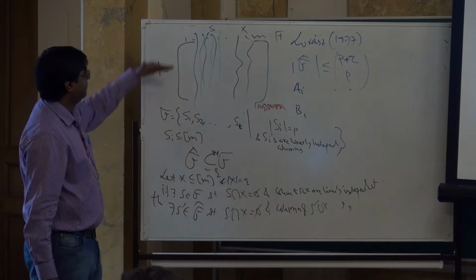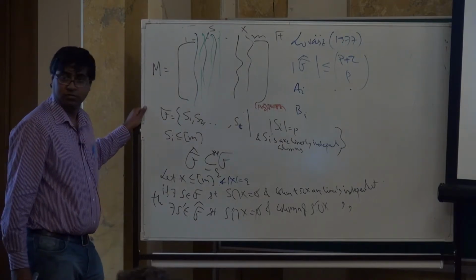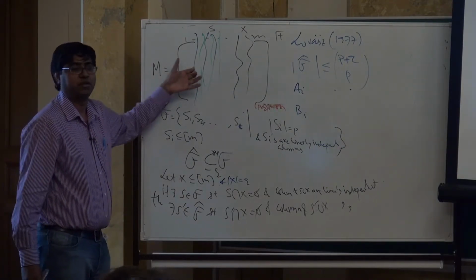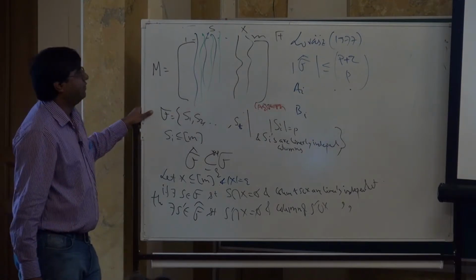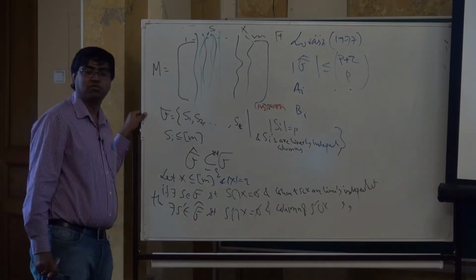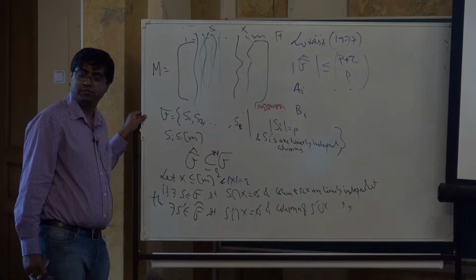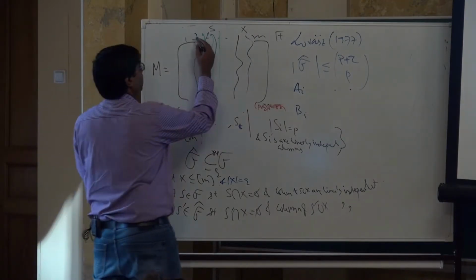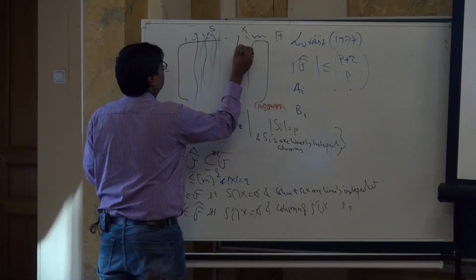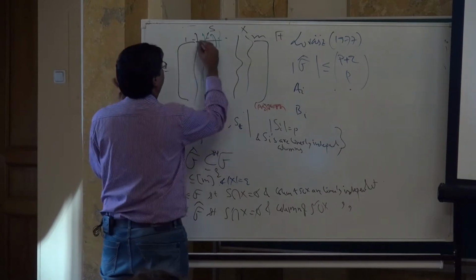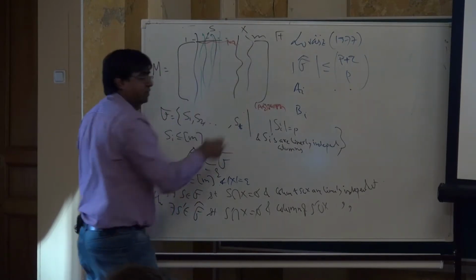Now tell me, if this matrix has dimension P plus Q, when will you say P plus Q columns are linearly independent? If I give you P plus Q columns here, when are they linearly independent?